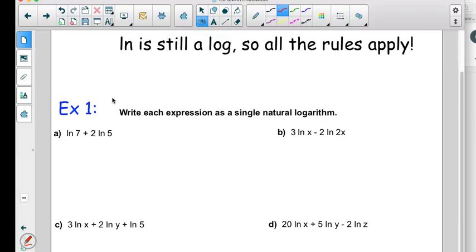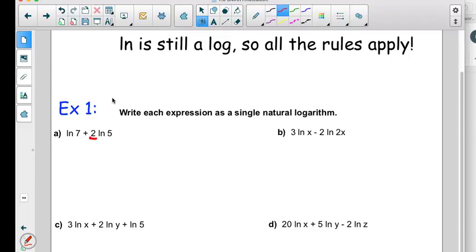This first problem, natural log of 7 plus 2 times the natural log of 5. Think back to when we were combining regular log functions. What can we do here? Multiply, but first we need to change it. We need to write this 2 that's out front. What can we do with that?